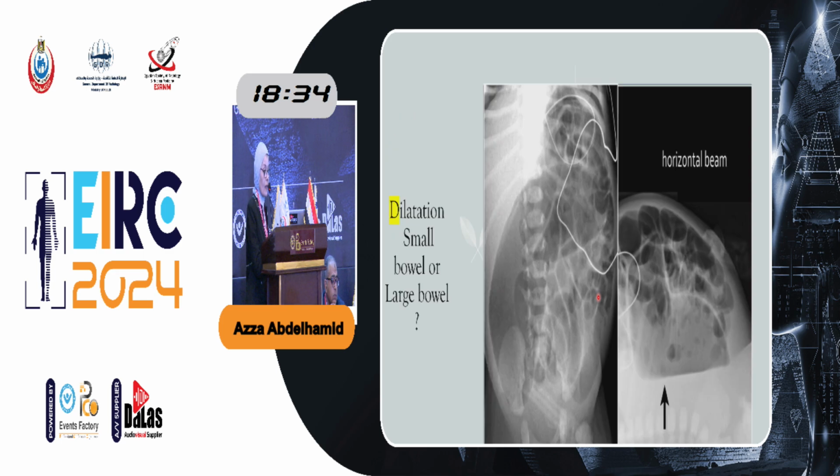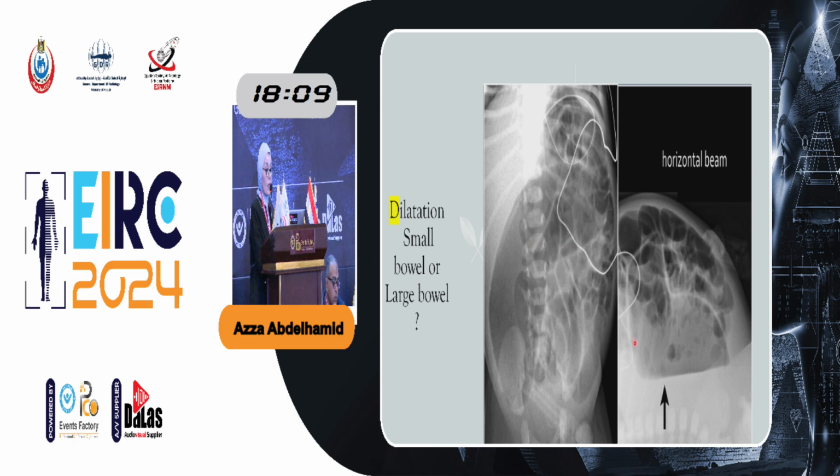Starting with the D, which is dilatation, in the neonatal period, we go to L2 vertebral body, and we should measure the interpedicular distance. If the bowel diameter is equal to or more than this distance, you diagnose dilatation, okay?